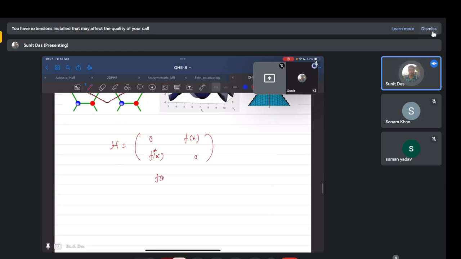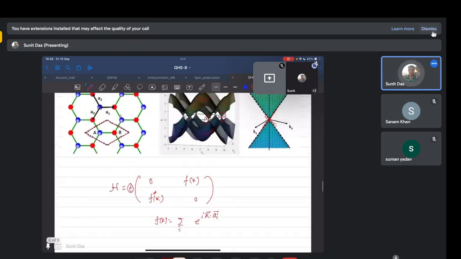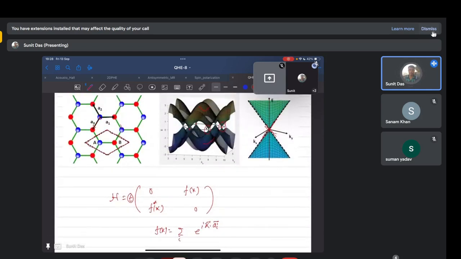And f(k) was simply, there might be some hopping parameter t, and a summation of e to the power i k dot a_i, according to this notation, where a_i corresponds to these nearest neighbor vectors.